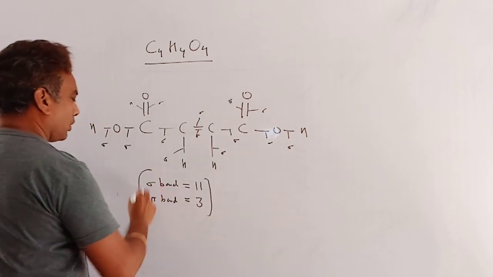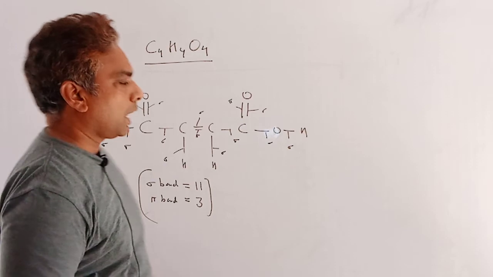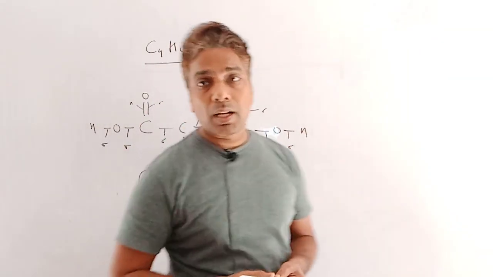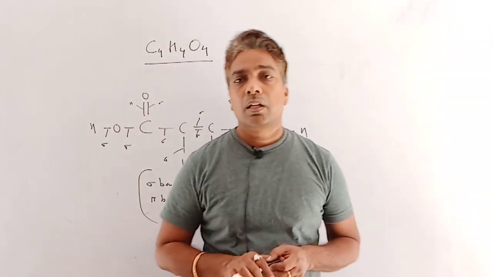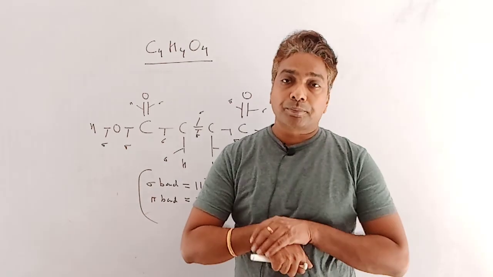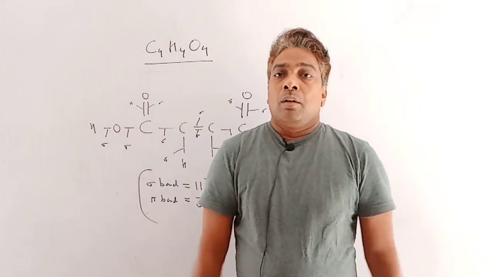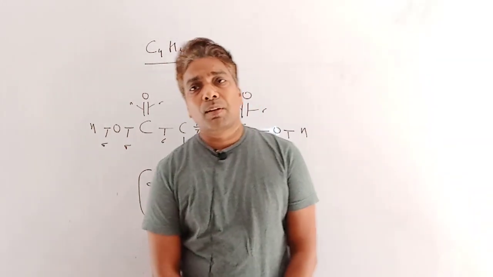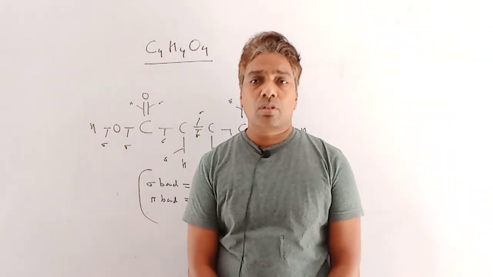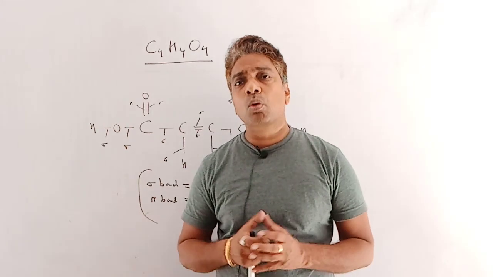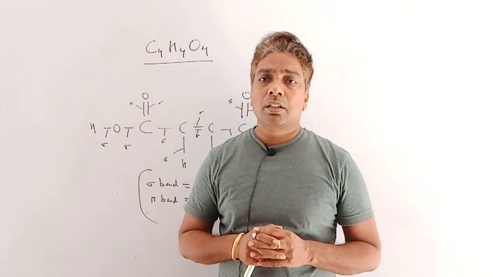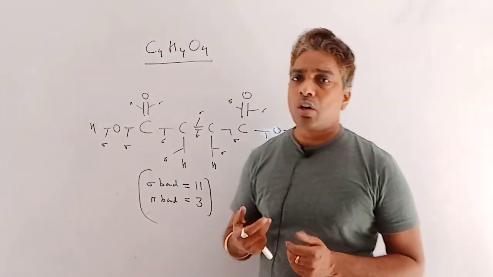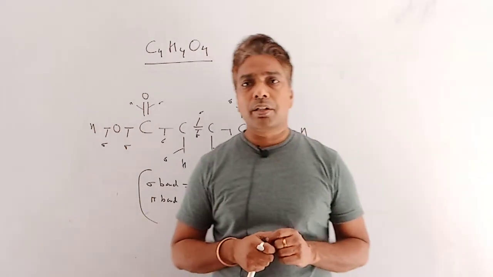Clear? So this is the way to calculate the number of sigma and pi bonds in a given molecule, based purely on the dot structure of the molecule. But if the molecule is too large or has more atoms, then drawing its dot structure is not possible instantly.